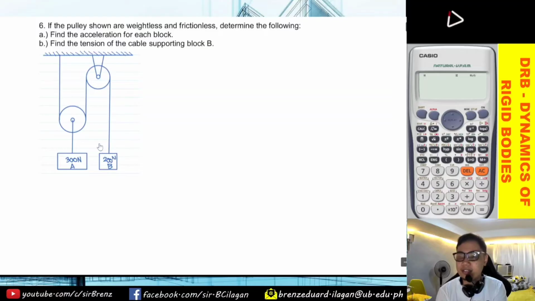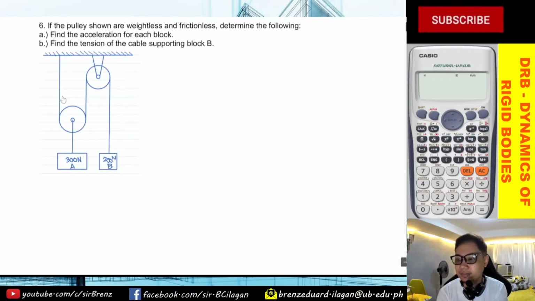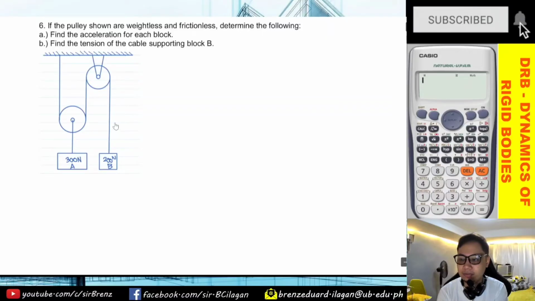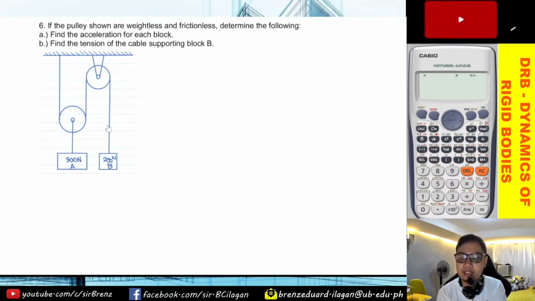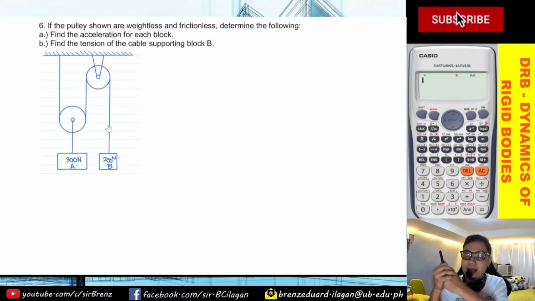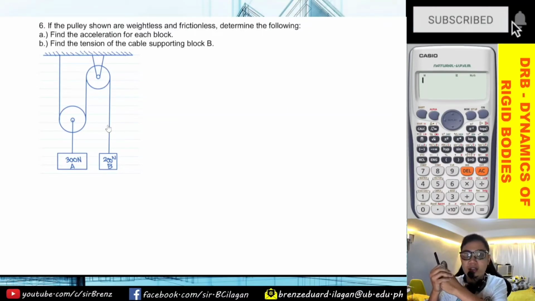Pero tandaan nyo guys, especially kapag ganito, ayan nga. Ito diba magiging T. Ito 2T. Ito T lang. So the reason why nag-arrange ka ng pulley, ang purpose ng pulley mo is, for example, ang kaya ko lang ihigit is 200 Newton.